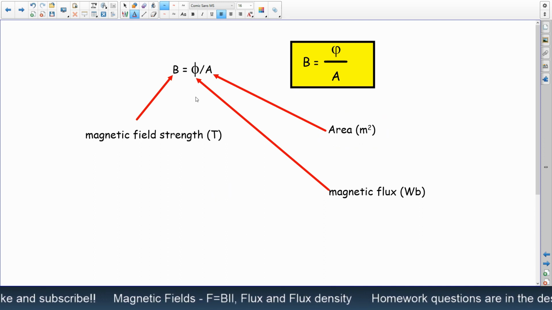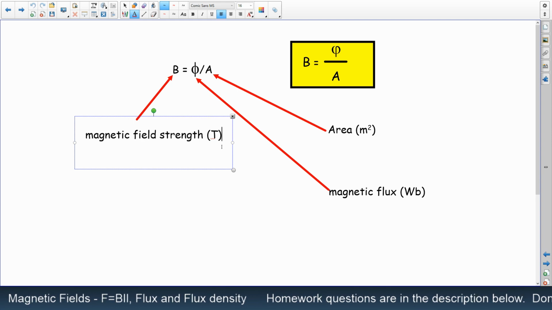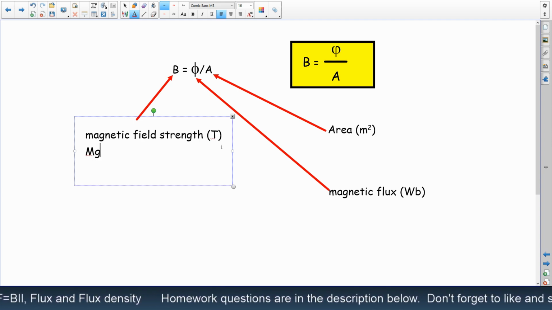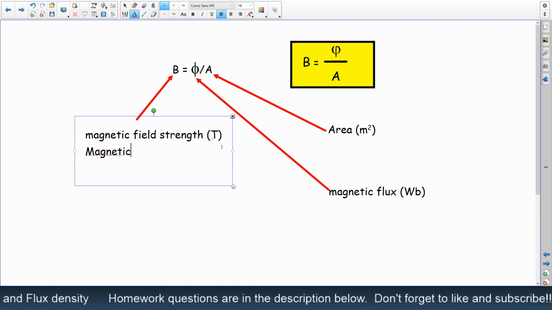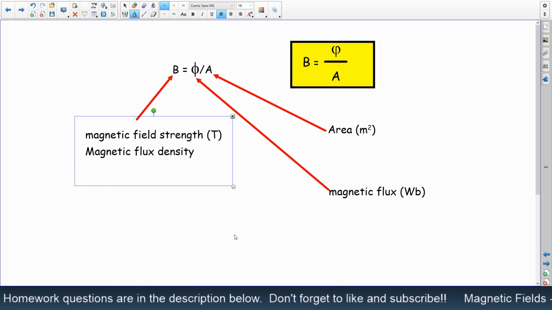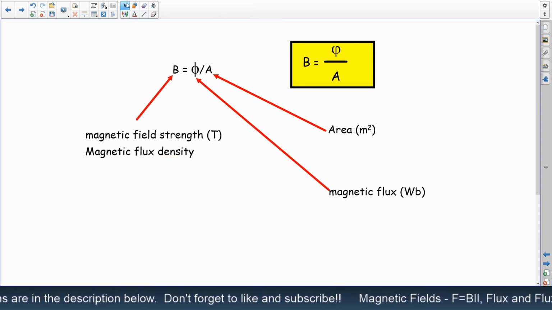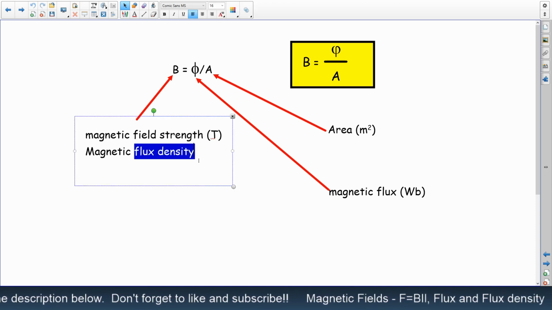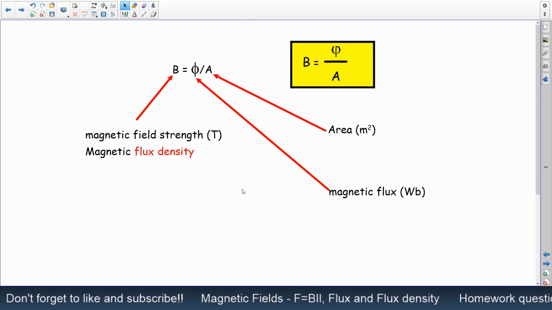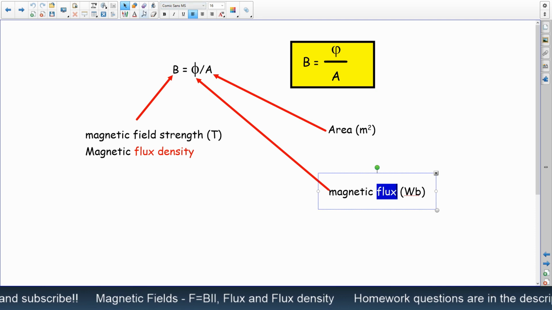Now, since this is magnetic flux per unit area, magnetic field strength is also sometimes known as magnetic flux density. And this is really important because it's super confusing. It's still in Tesla, but it has the word flux in it, and people get confused an awful lot. Magnetic flux is measured in Webers.